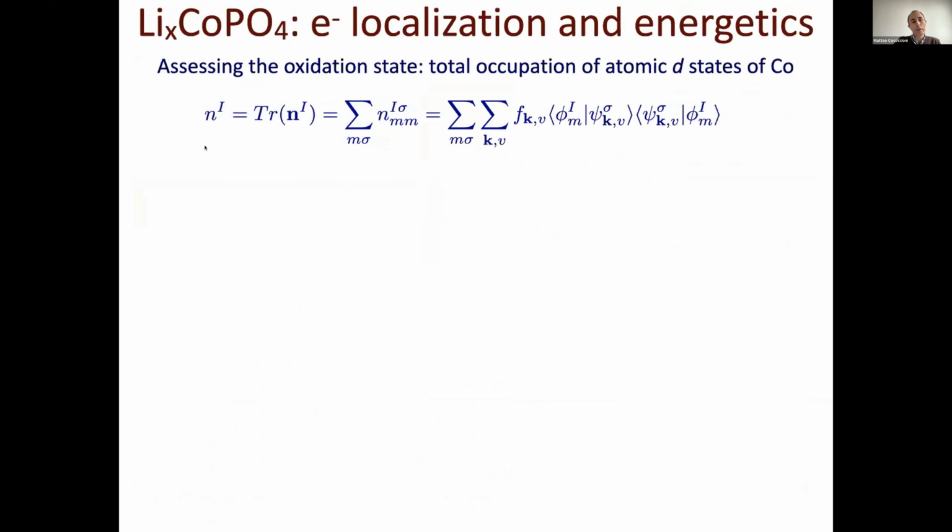And I will look into the total occupation of these states of the transition metal, computed as the trace of the occupation matrix, where the occupation matrix, that's also the one that we use in the +U functional, is obtained from a projection of Kohn-Sham states, this psi_kv, where k is the k point and v is the band index and sigma is the spin, onto atomic states. So basically these are the atomic d states of cobalt, okay?